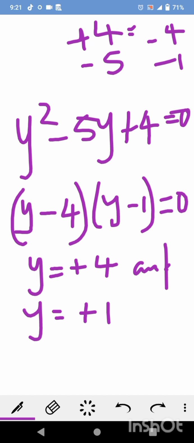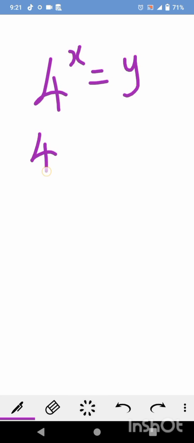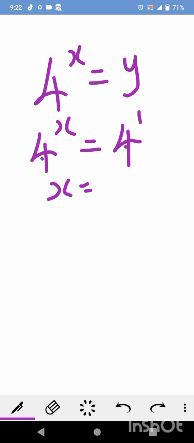Remember we said let our 4 raised to power x be y. So remember we said 4 raised to power x should be equal to y. So for the first value of x, we have 4, and using law of same base, it tells us that x must be equal to 1.